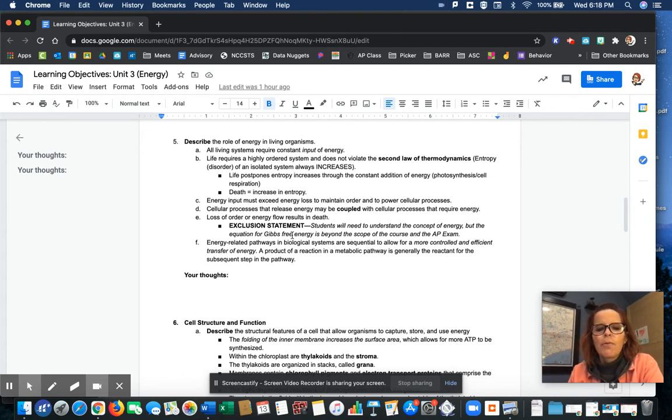You don't need to know anything about Gibbs free energy. That is something that comes up in chemistry, but we don't have to know it for this. We'll talk about this in the next set of notes, but it says energy-related pathways in biological systems are sequential to allow for more controlled and efficient transfer of energy.